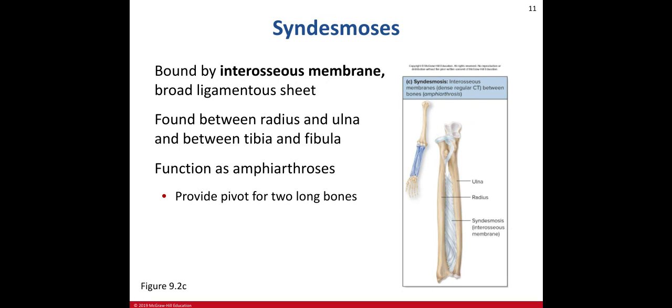This is going to work as an amphiarthrosis, sort of movable, but not much. It does provide a pivot point. So the fact that you can hold your arm in front of you with your palm down and rotate it to put your palm up, that is that pivot point.